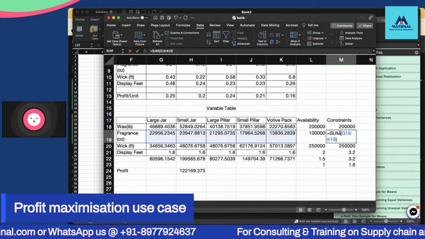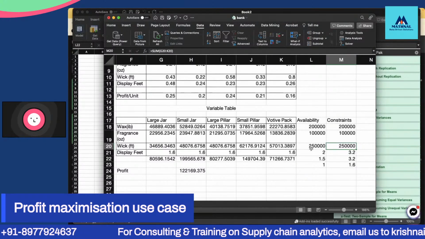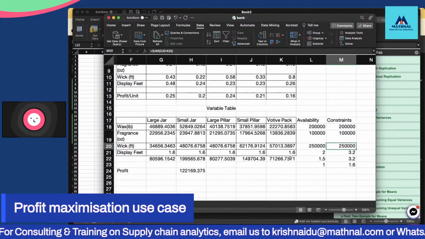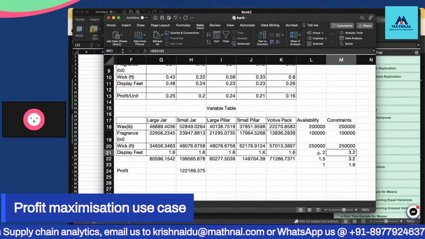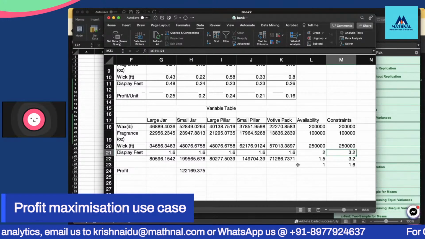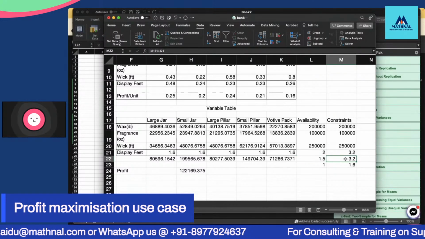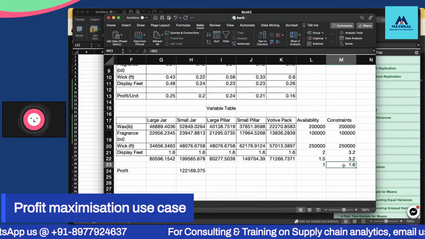This is sum of all those. Total wick feet we require 250,000. We're getting a right thing, right? And now display feet. This has to be equal to 2 or more than 2, right? This should not be less than 2. So we're getting 3.2. Does make sense. 1.5 or more than 1.5 does make sense, and 1 or more than 1 makes sense.